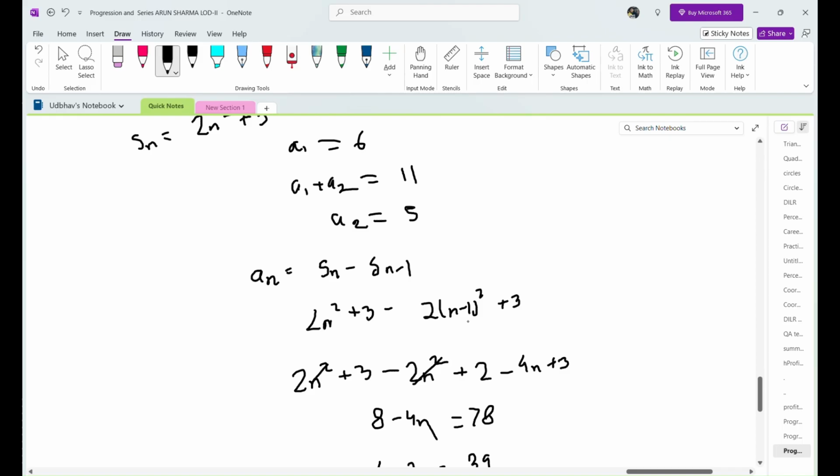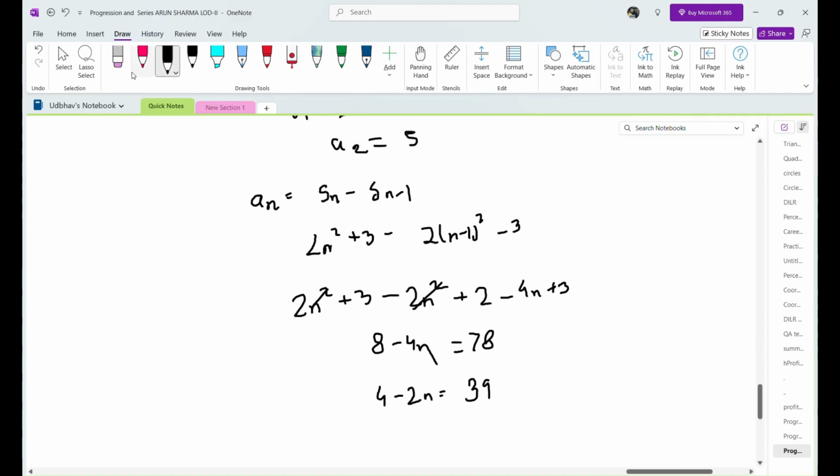n square plus 1 minus 2n. n square plus 2 minus 4n. Oh, this will be minus 3. Sorry. This will be minus 3.